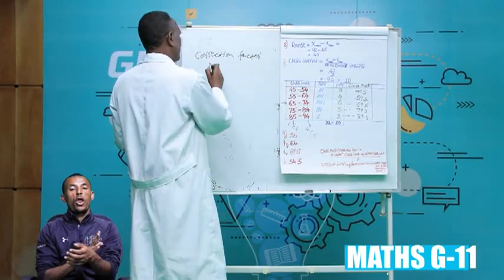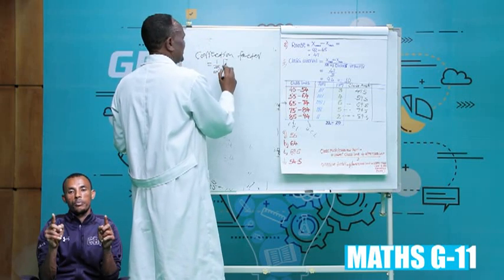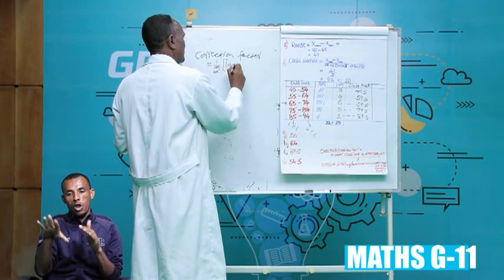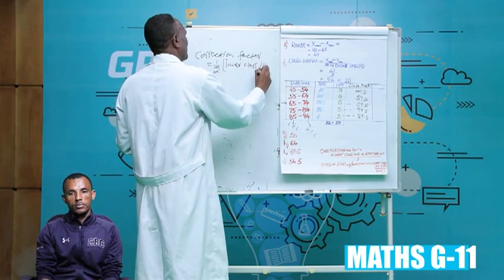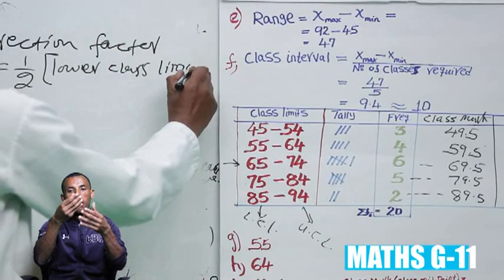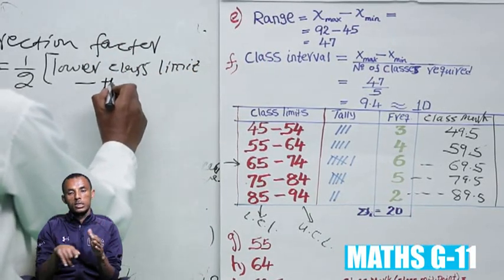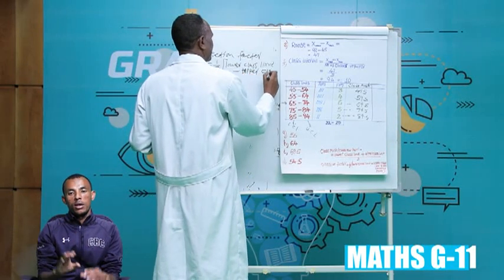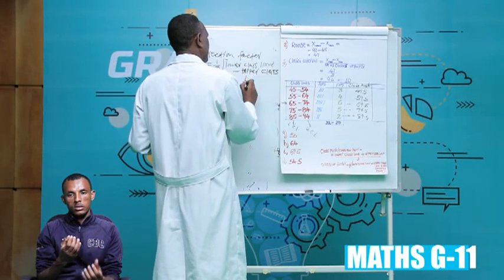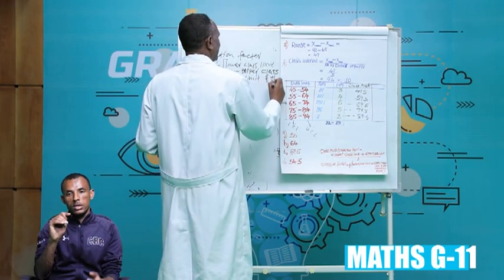The correction factor is half of the difference of the lower class limit of a given data minus the upper class limit of the preceding class.